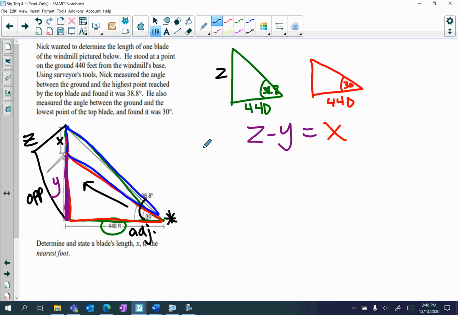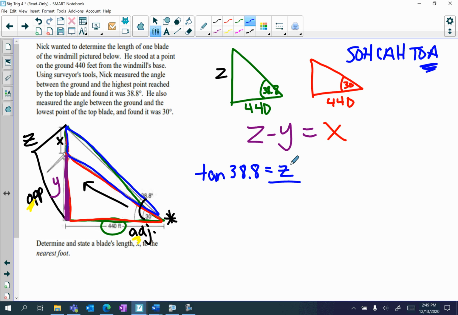So I'm going to write SOHCAHTOA, and OA is tangent. So I'm going to find tangent of the big angle, which is 38.8, equal to the opposite, which is z, all over our adjacent, which is 440.